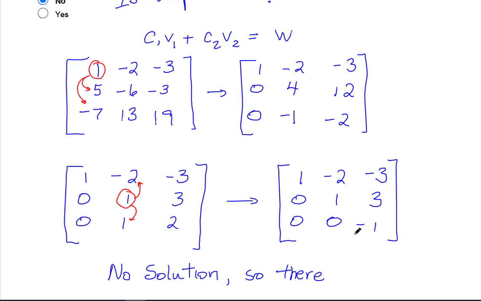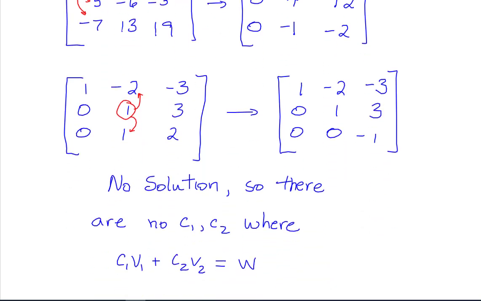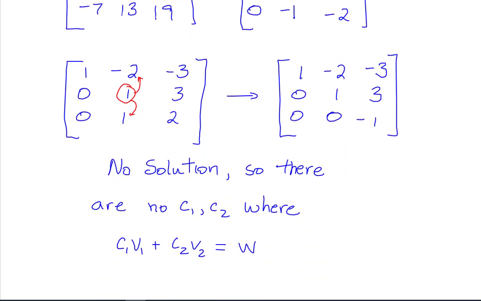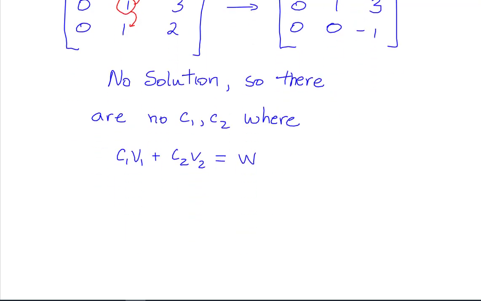But when I do that, I see I get 0, 0, minus 1. So there's no solution. What that tells me is there are no constants where this is true. So W is not in the subspace spanned by V1 and V2.